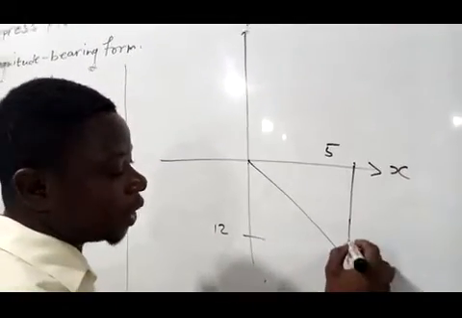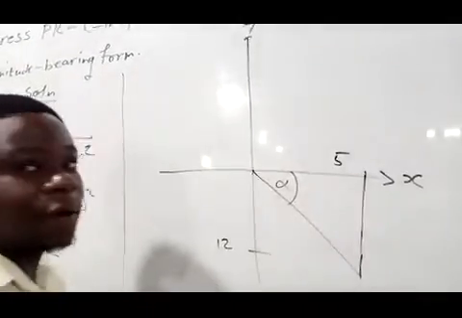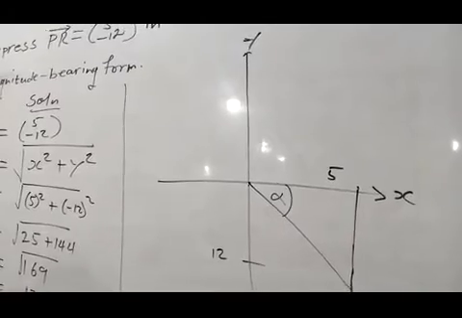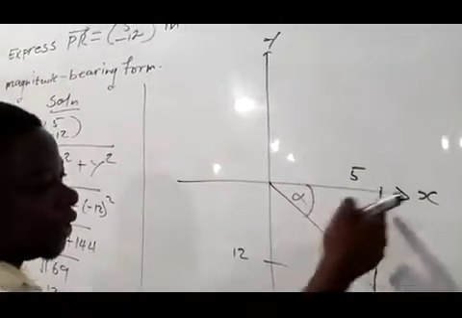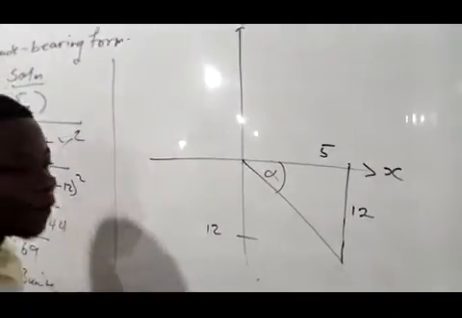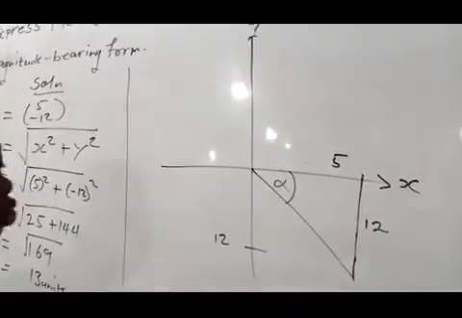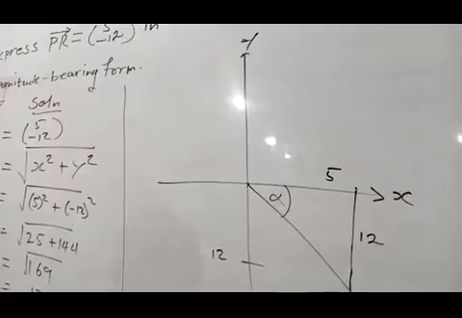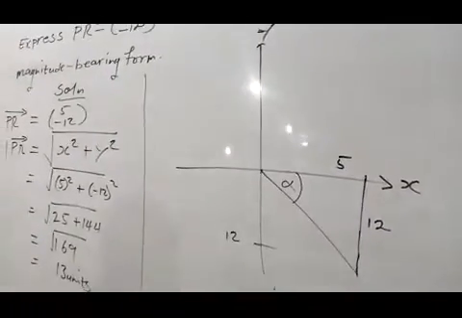So with the triangle created with the x-axis, we have our alpha. Now that we have the alpha, we have here to be 12, we have here to be 5. This simply means that this is also 12. So we can get alpha. We know this is our opposite, this adjacent, so we still use TOA. For shortcut's sake, always remember that whenever you are dealing with this, you don't need to try any other thing.